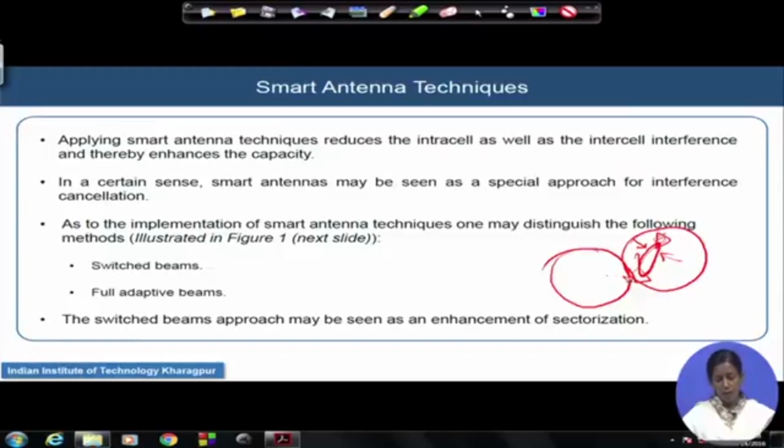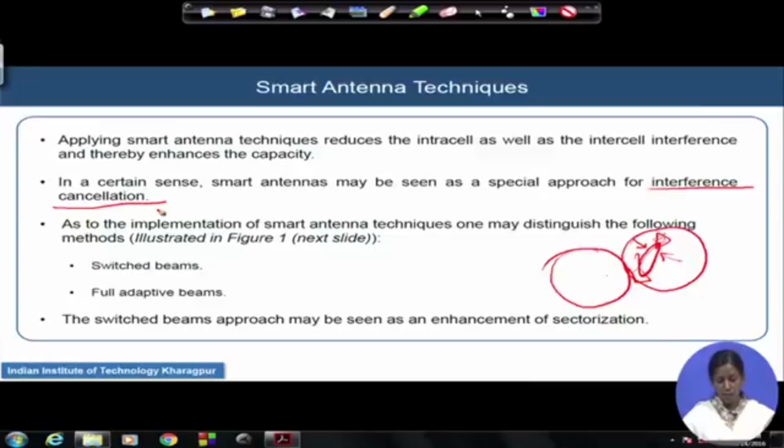That is why we see that the smart antenna technique is a very good approach for interference cancellation, and it is typically the interference cancellation directly.